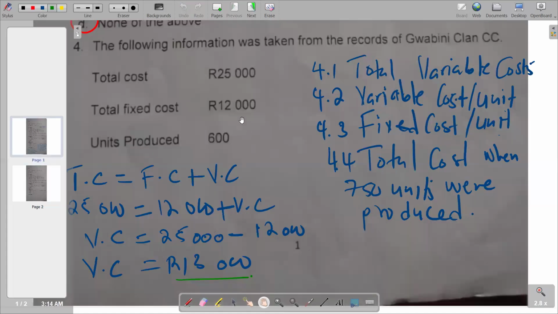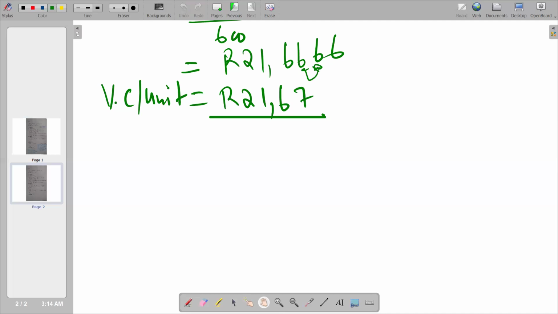Fixed costs are given as 12,000, so we divide by number of units, 600. So we say 4.3, going to be 12,000, and then we divide by 600. So we can as well calculate that one and see what do we get.